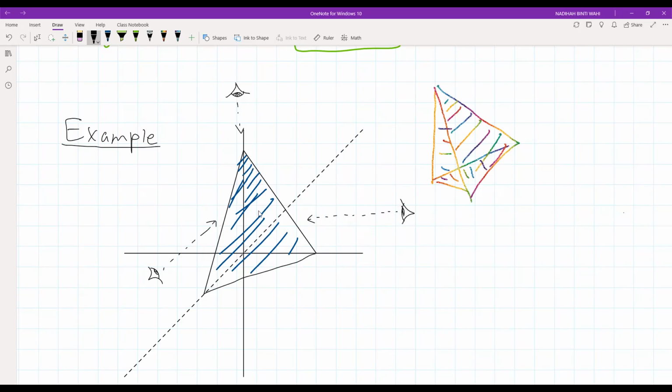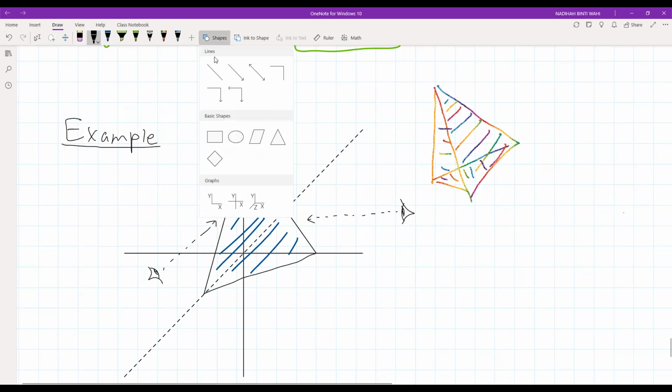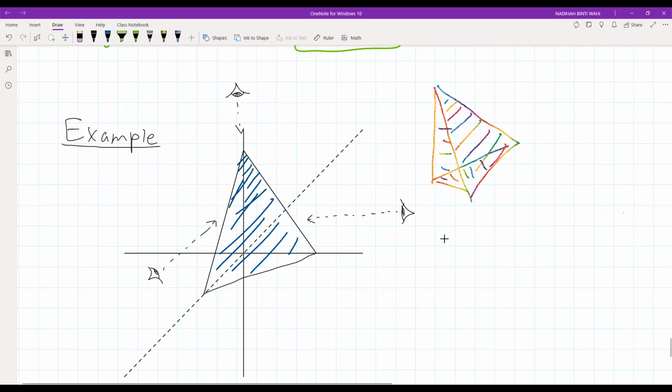So in all three directions, the shadow will form a triangle.